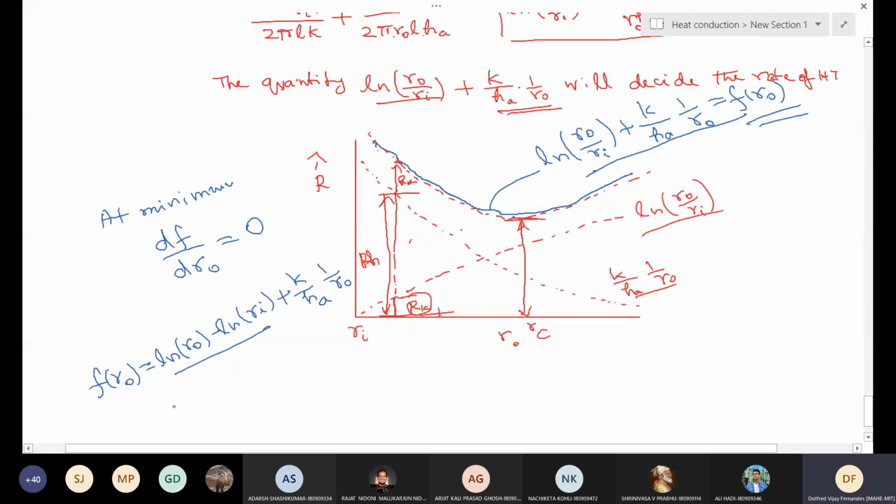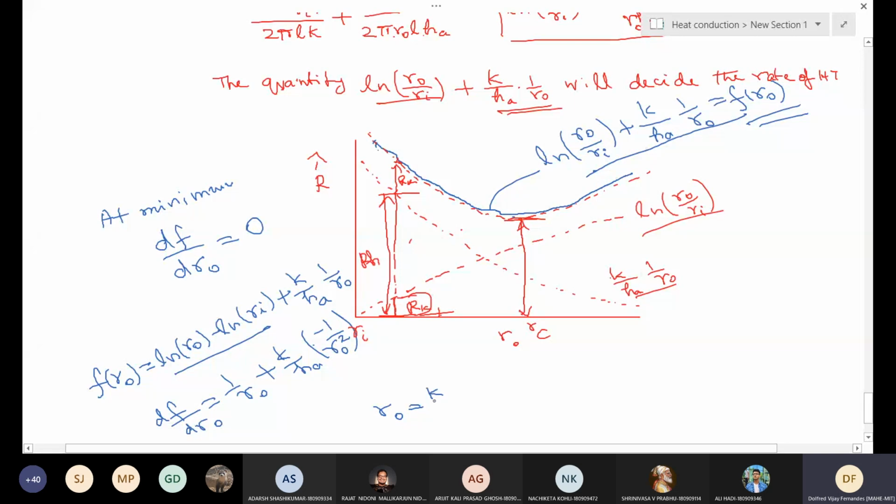Now take the derivative df by dr0: that is 1 by r0 minus k by ha into 1 by r0 square. Solve it and you have r0 equal to k by ha.